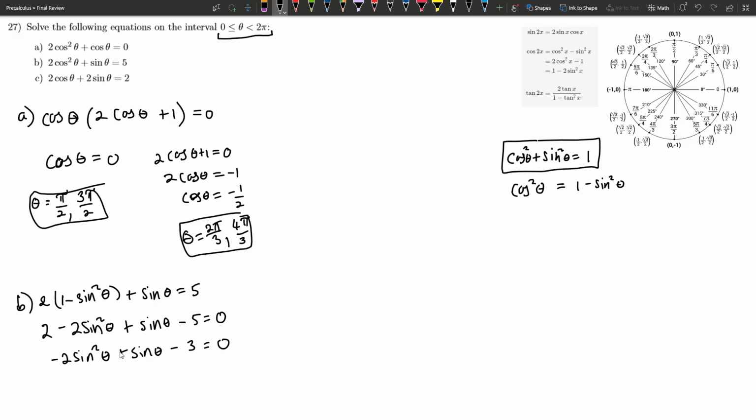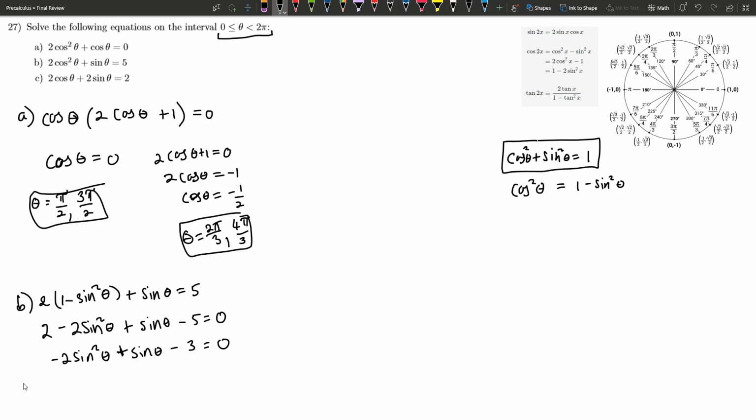Now, it might be smart to try to see if we could factor this. I know there's a pesky number in front of this thing, so that changes the dynamic a little bit. But I tried and I couldn't do it. It seems like I could get closer, but I couldn't. So let's just use the quadratic formula.